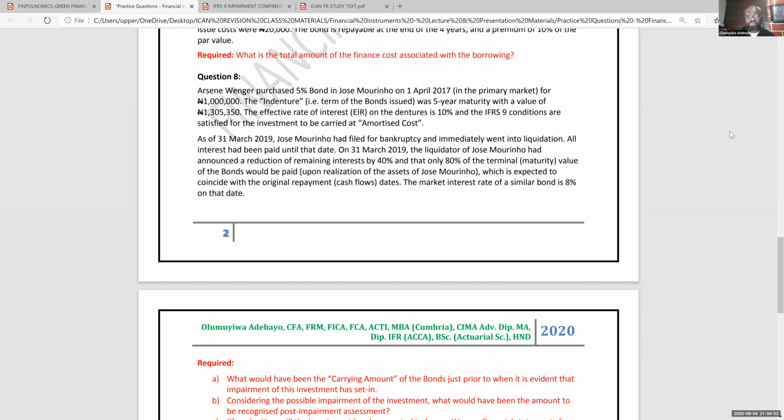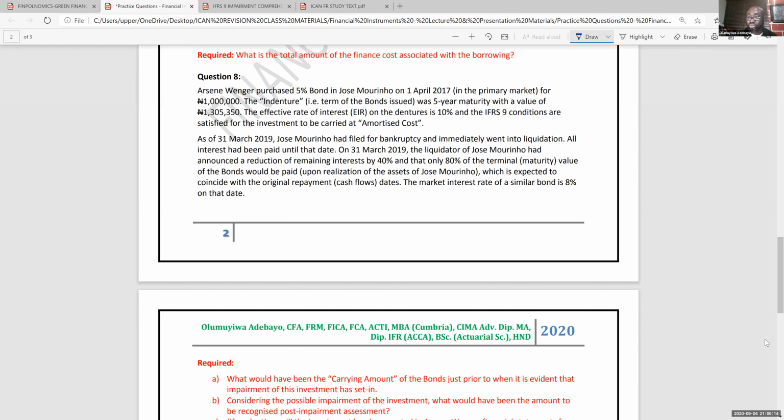In that situation, we are also told that as at that reporting date, 31st of March, when all of this information was made available, the market interest rate of a similar bond to Jose Mourinho is 8%. Now, this is the whole of the information made available to us.